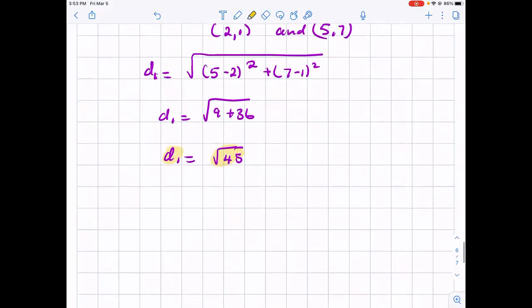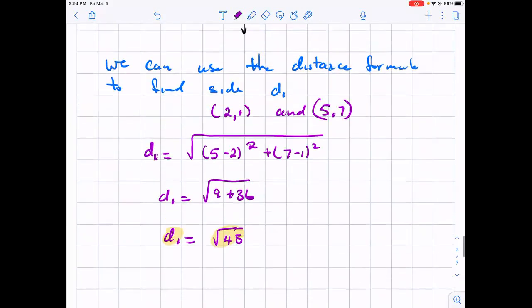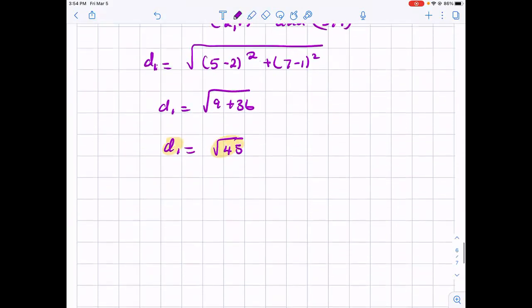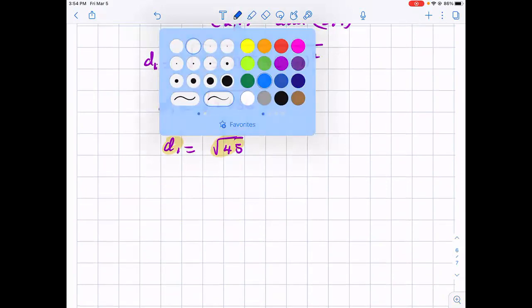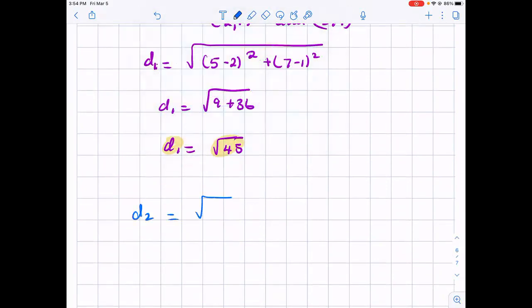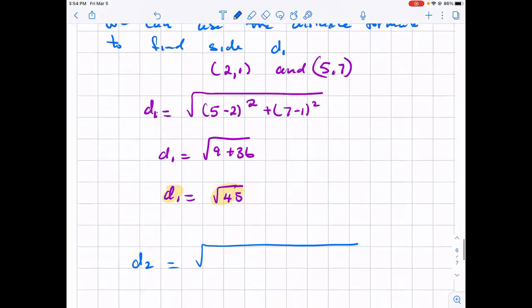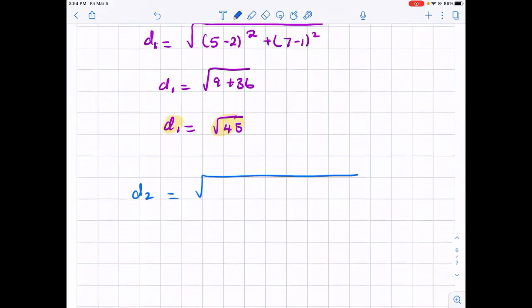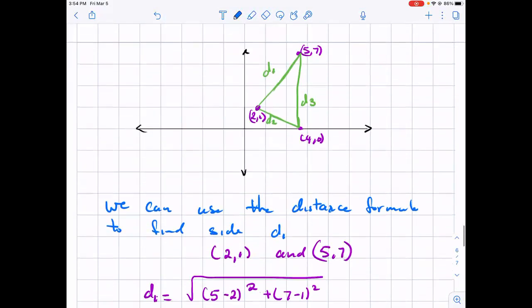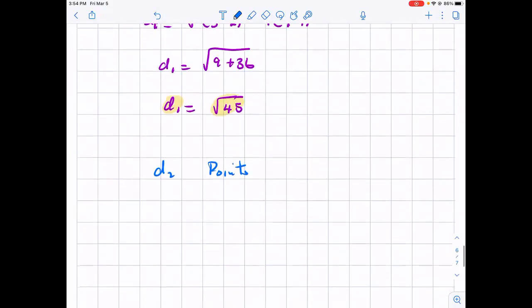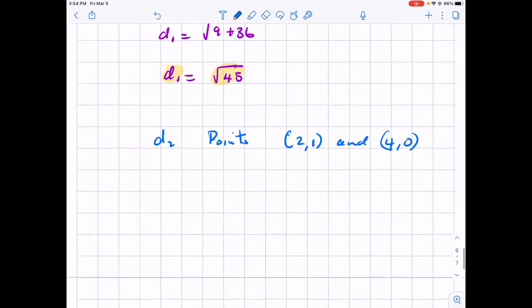If I do the same thing now, let's find D2. So D2 is equal to the square root, and the 2 points for D2 are 2, 1 and 4, 0. Those are the 2 points that connect the line D2.